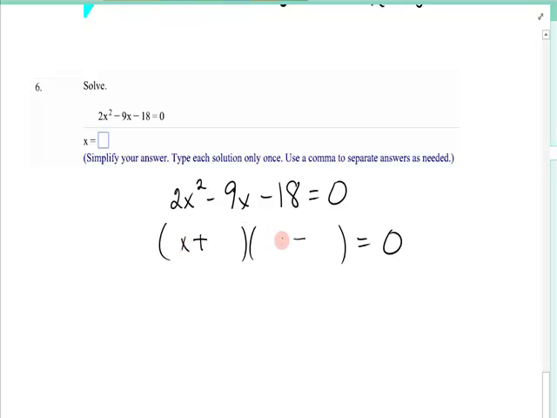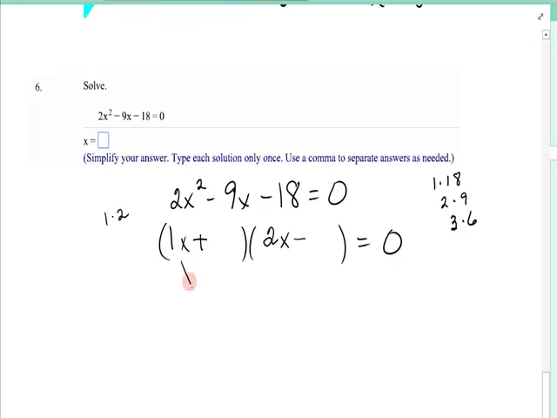Put in the x, but because it is 2x, I know that I have 1 times 2. 18 is either 1 times 18, 2 times 9, or 3 times 6. This is trial and error. So 1 and 2x.